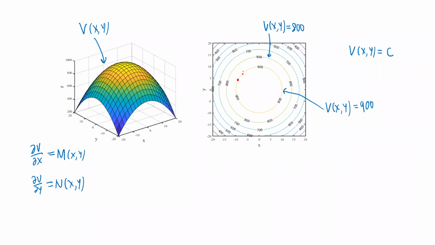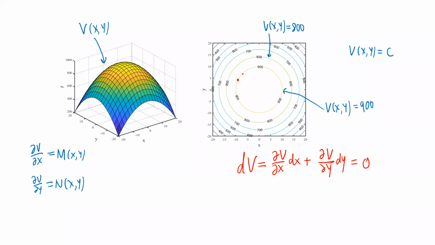So in this case, the change of my height is 0, because I'm walking along this contour line. In other words, if I consider the total differential, dV, which equals partial V partial x dx plus partial V partial y dy, it would be 0.